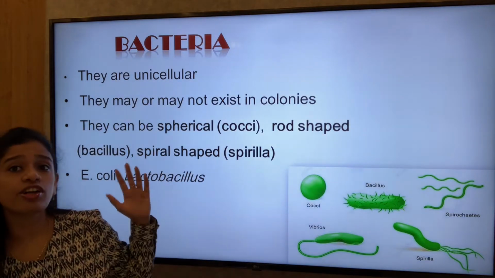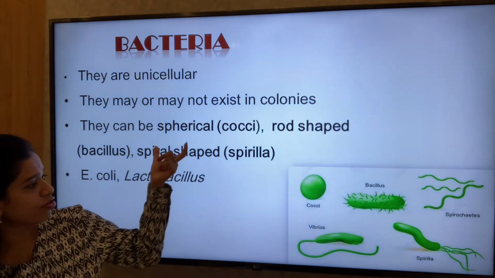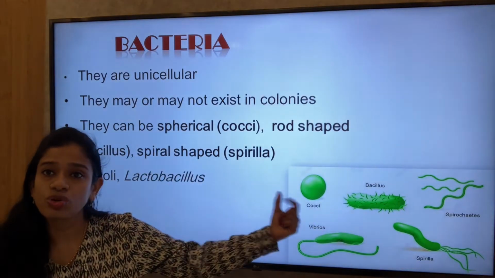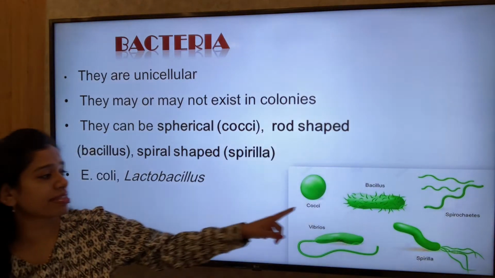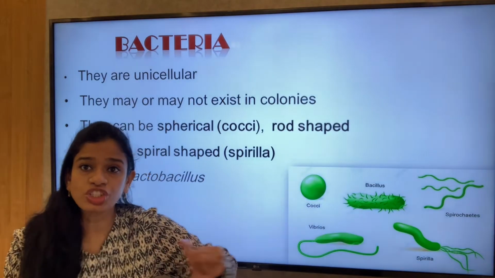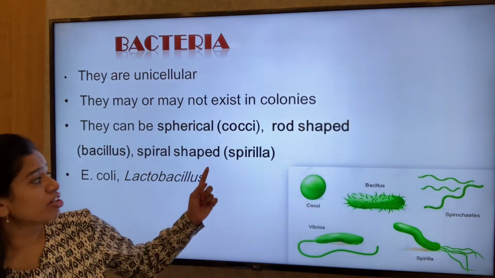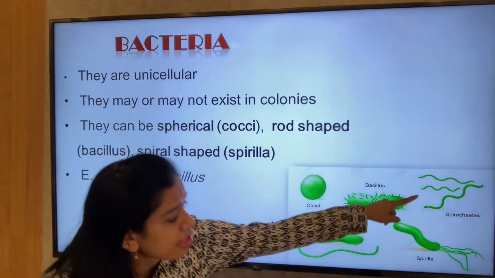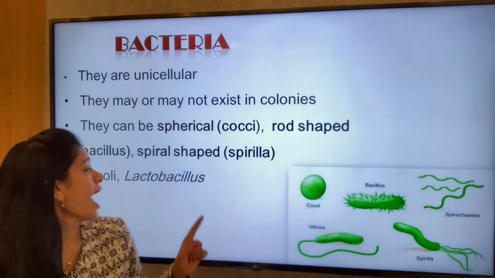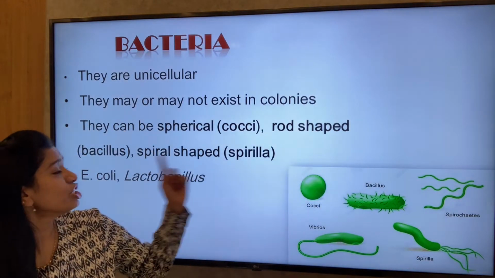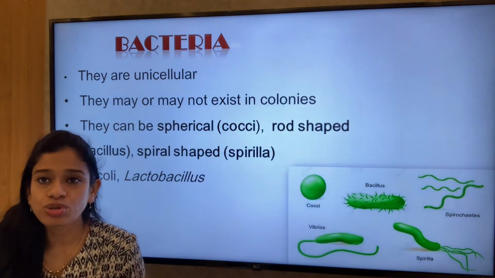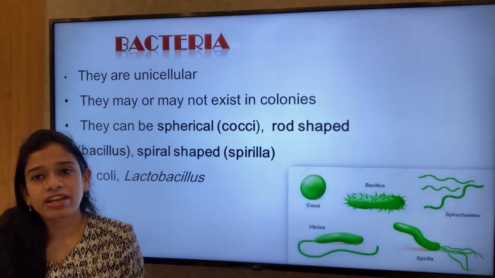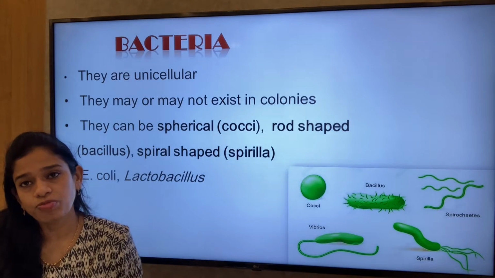They have varieties of shapes, like spherical, which is also known as the coccus, the rod-shaped ones, which are called bacillus, then the spiral-shaped ones, or spirilla. Examples are E. coli and lactobacillus. With the name we can understand that those are examples of bacteria.